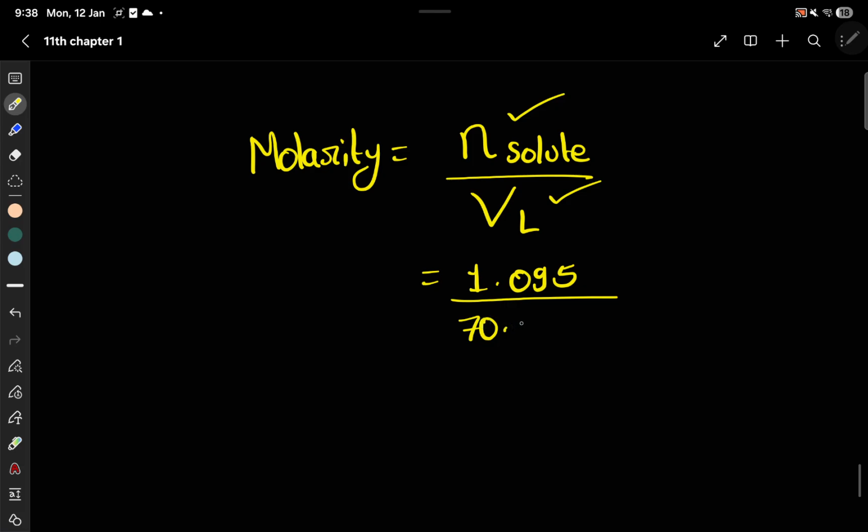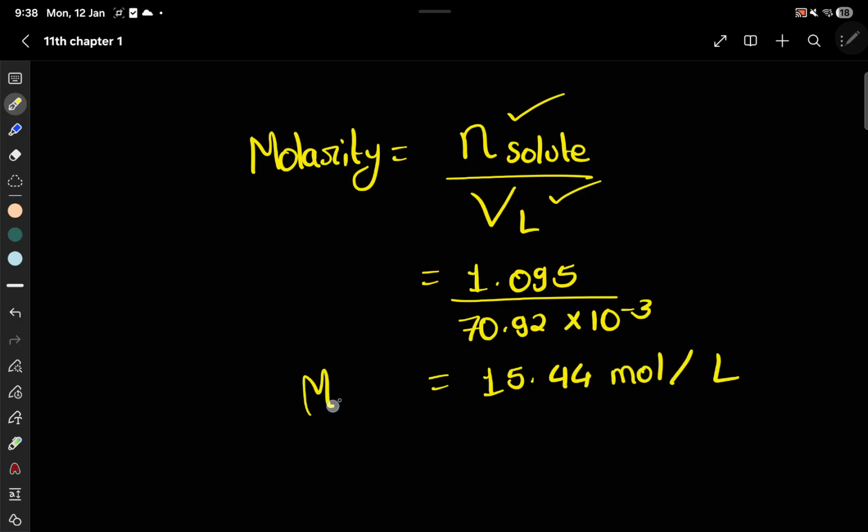Let me put the volume in the denominator, 70.92 into 10 to the power minus 3. Upon solving it, students, we get our answer as 15.44 moles per liter. This is the molar aqueous concentration, or in simple words, the molarity calculation for this question.